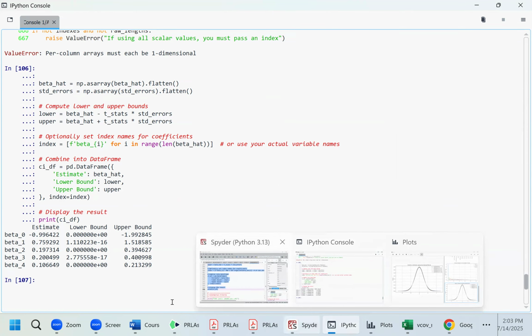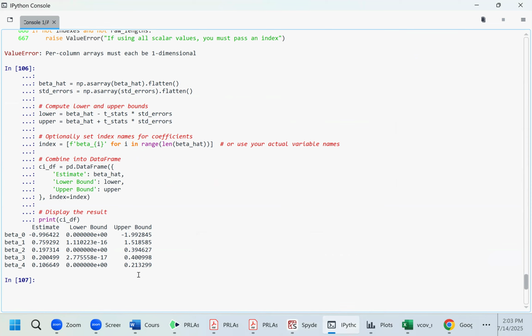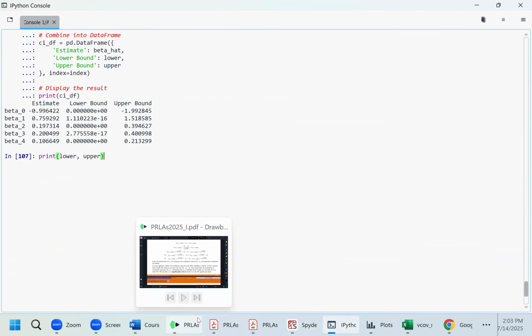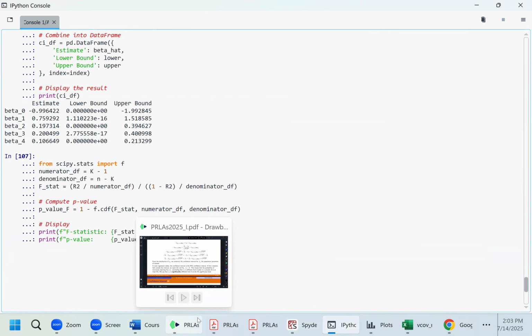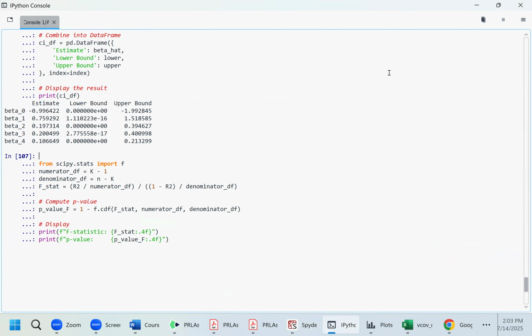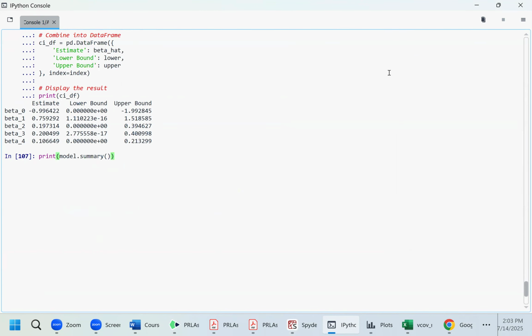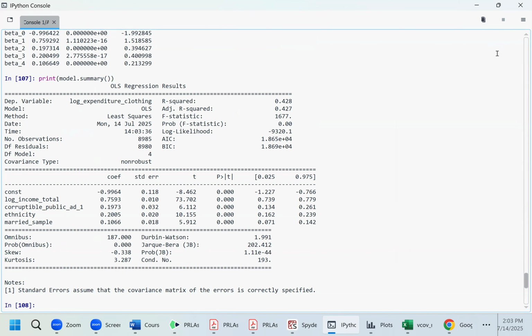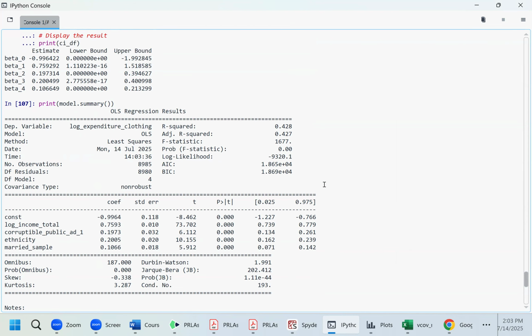Now, what is the original variable, right? Ha ha ha.